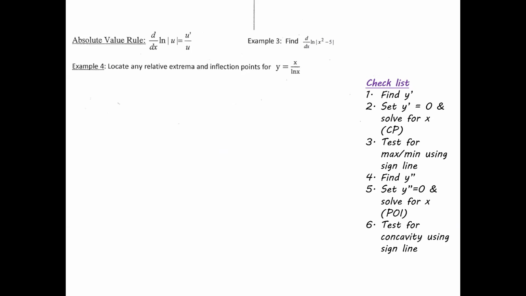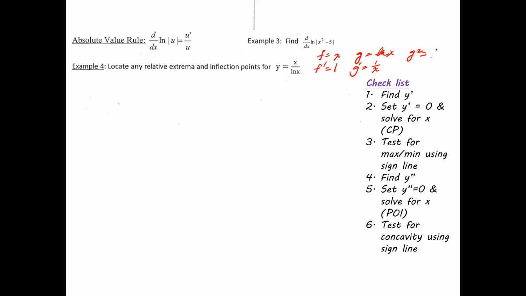All right, so let's take a look at this. To find the critical point for max and min, you will first need to find the derivative of this. As I'm looking at this, I'm probably going to use the quotient rule. So f equals x, f prime equals 1. g equals ln x, g prime equals 1 over x. g squared equals, well, actually, I'm sorry, hold on a second.